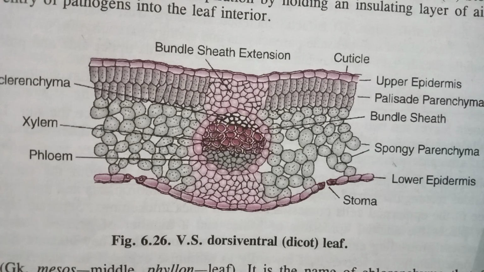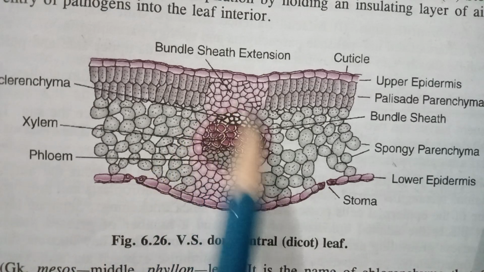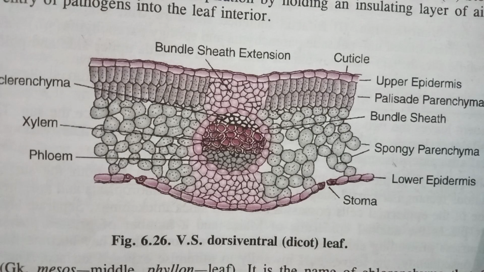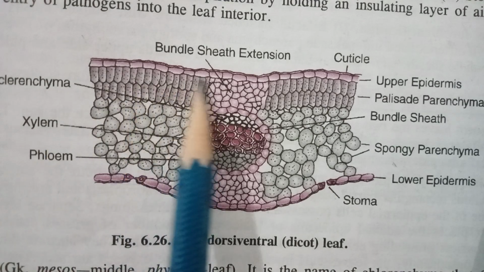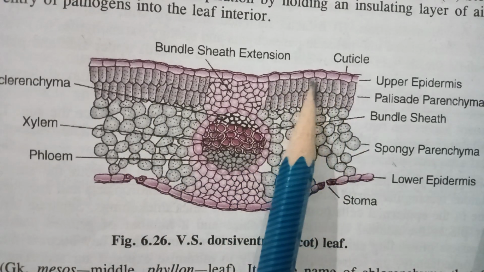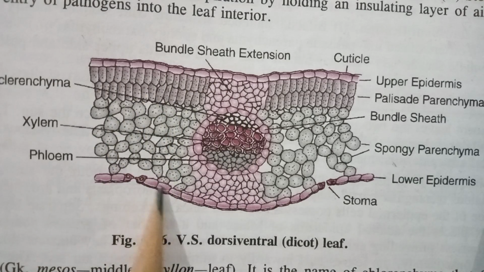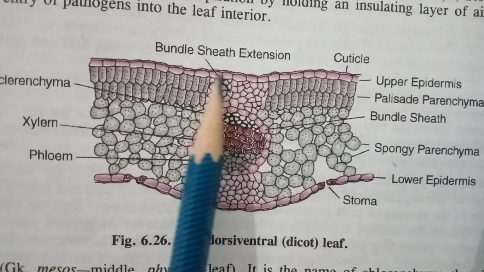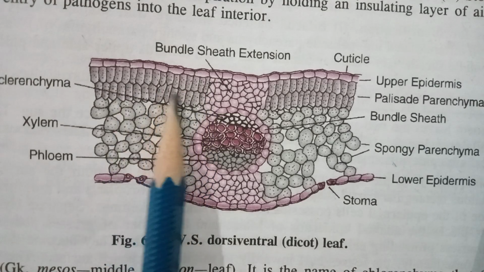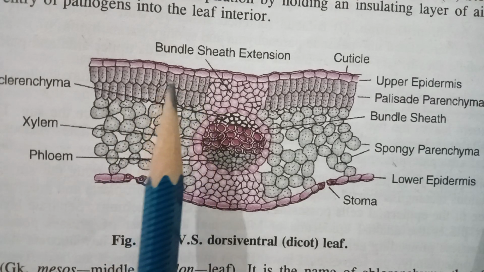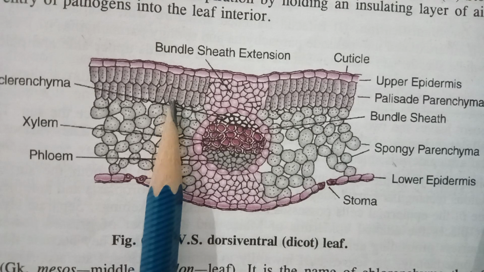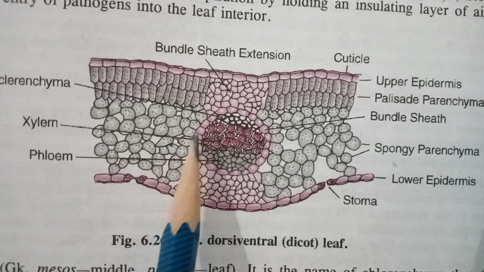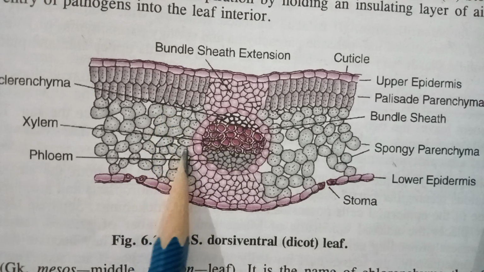So these are the main regions of a dorsiventral leaf. That means the upper epidermis, which is uninterrupted and continuous, and the lower epidermis, which is interrupted by stomata. Beneath the upper epidermis is the palisade parenchyma, which consists of columnar chlorophyll-containing cells. Next to this is the spongy parenchyma.